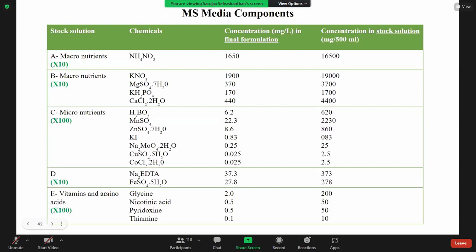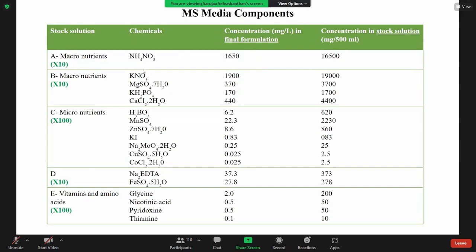So for the stock solution, we have to measure ammonium nitrate, right? In the final, if you are going to prepare 1 liter of tissue culture media, 1650 milligram of ammonium nitrate should be present.